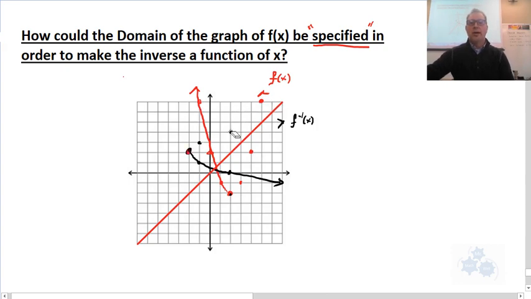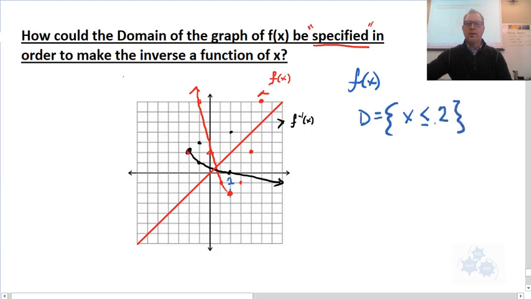So if I specified the domain of the original function, and here is the specific domain, if I said this is positive 2, if I said for f of x, the domain was x less than or equal to positive 2, that would give me just this half of the parabola, and then as you see, the inverse would be a function. Okay.